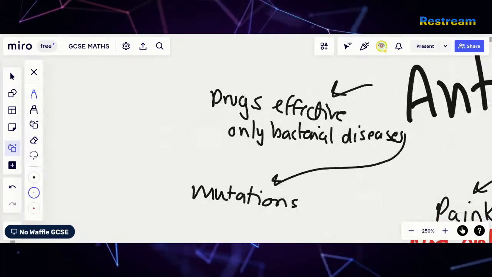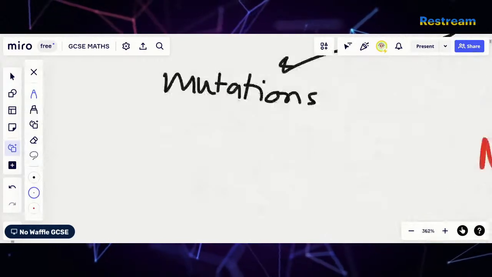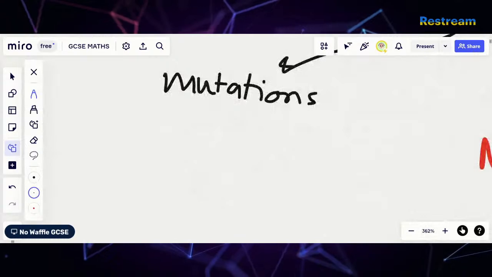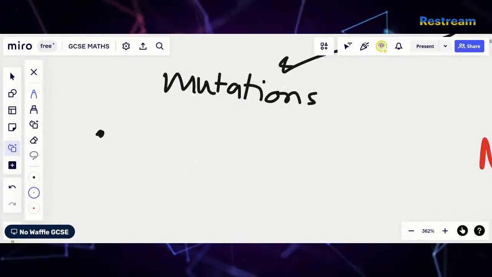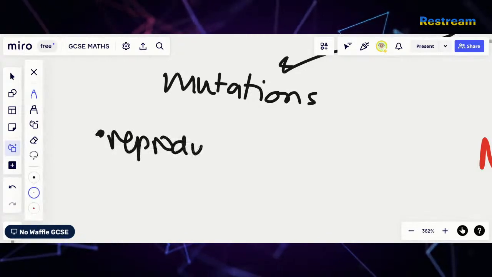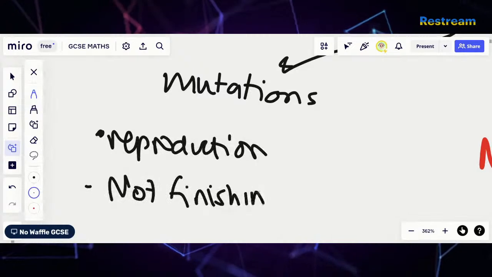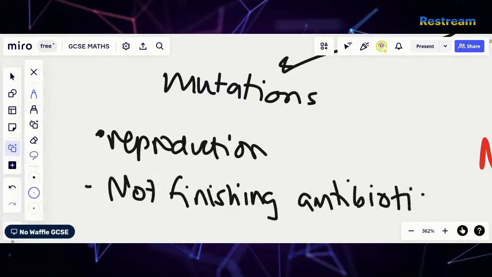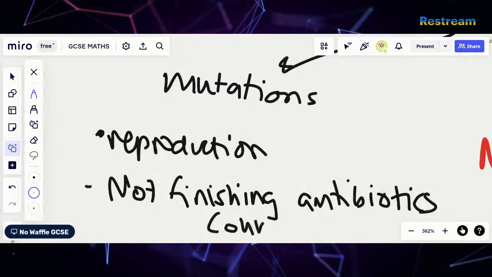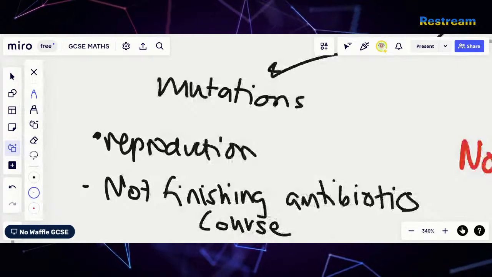How mutations actually occur is during reproduction of certain bacteria, and it can also happen when not finishing the course of antibiotics. Which is very damaging.